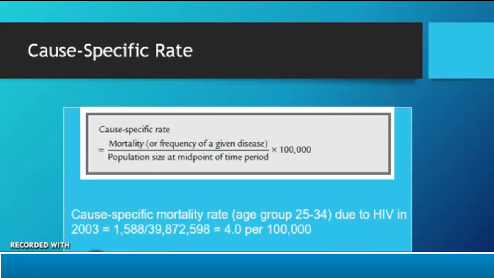So if you're looking at HIV in 2003 in a particular age group, then there are 1,588 individuals infected with HIV, and the total population at that time in that age group was 39 million, so that's 4 per 100,000.